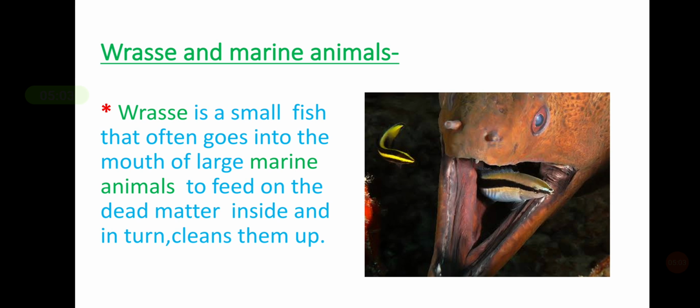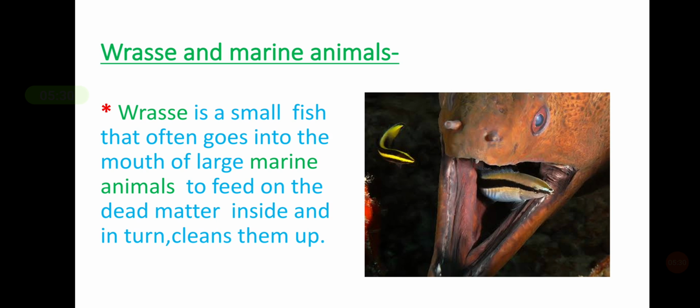Remora is a small fish that often goes into the mouth of large marine animals to feed on dead matter inside and in turn clean them up. So these small fishes go inside the large marine animal's mouth and clean them.